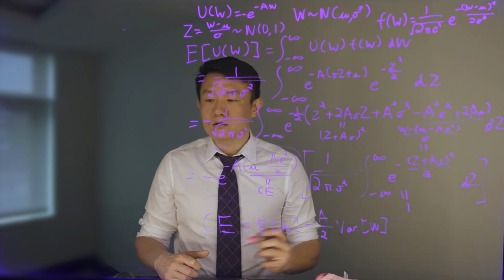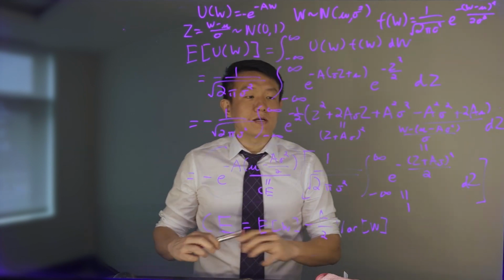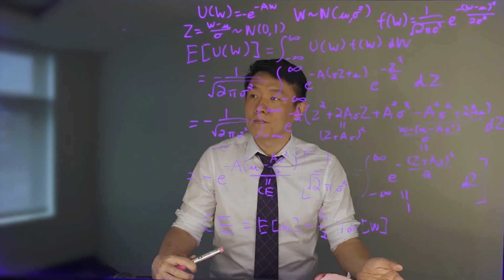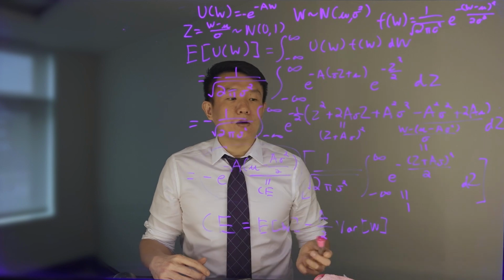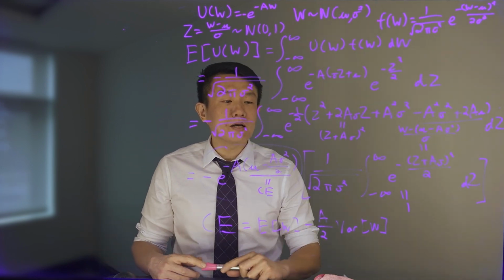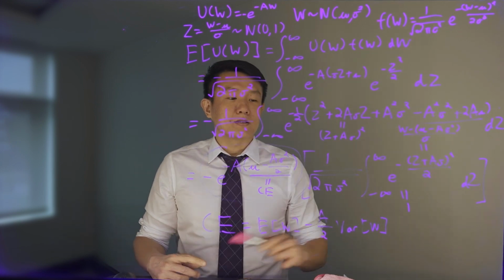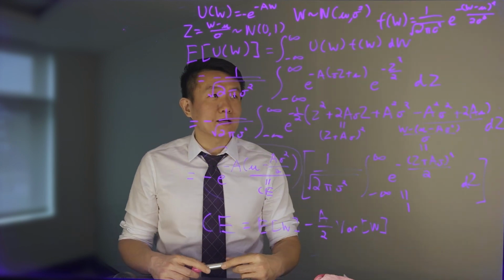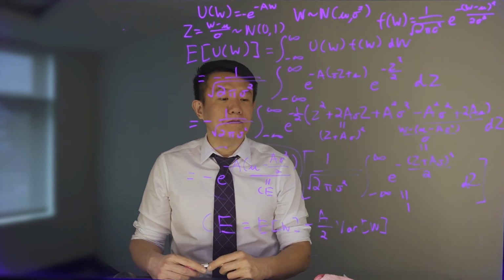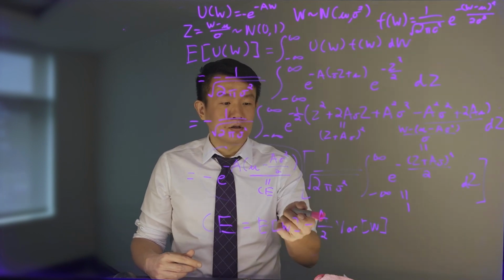So this second term represents the premium that I'm willing to pay to avoid risk. And we can see that with constant absolute risk aversion, the premium I'm willing to pay depends on how much risk I face, so the variance of w, as well as my coefficient of absolute risk aversion, which is a.